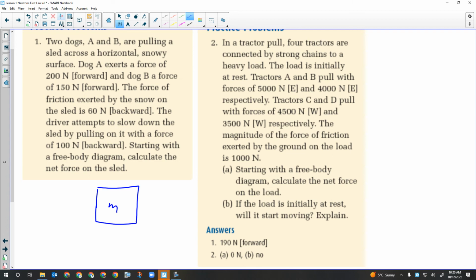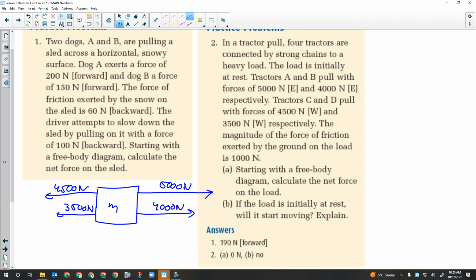We're going to have 5,000 newtons east, 4,000 newtons east. And C and D, and 3,500 newtons. So there's my free body. And then we've got friction exerted by the ground on the load to be 1,000.